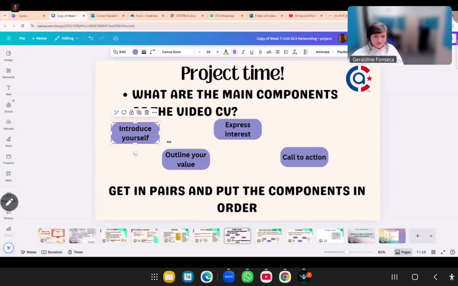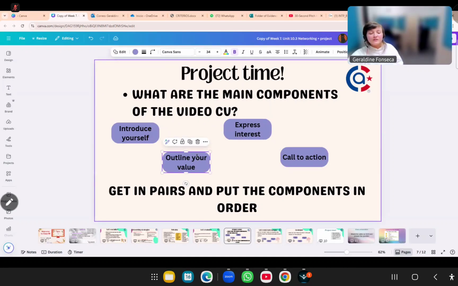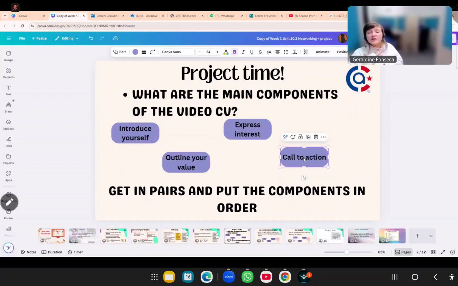Introduce yourself, outline your value, express interest, call to action. These are going to be the 4 areas that you will start developing this week. I am going to upload on Q10 an example, with the parts, and what I would include in a video CV draft in relation to my own profession, okay?